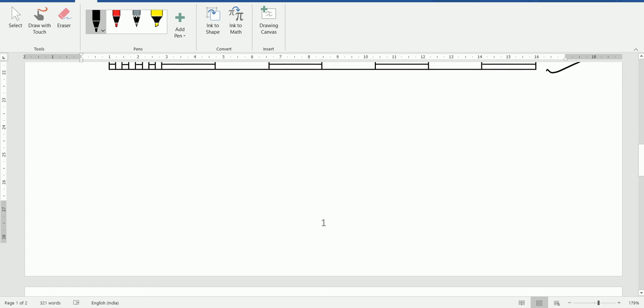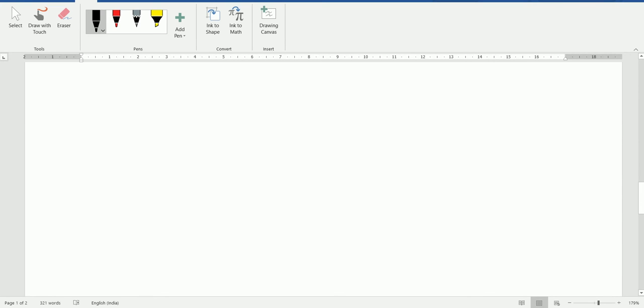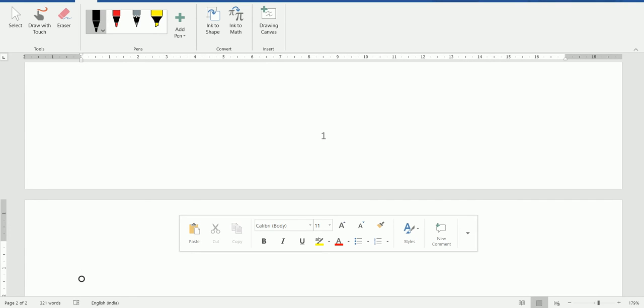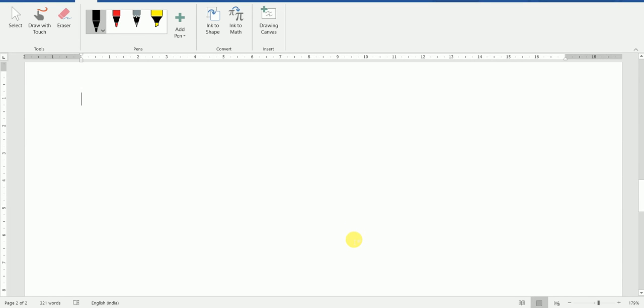Now let us see, now let us draw. So tell me what to do. First of all, as per the calculation, first we have to draw a line with a length of 6 inch.